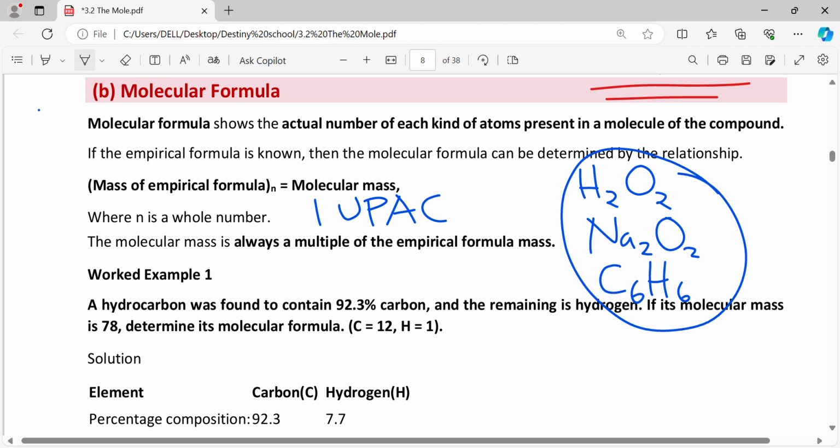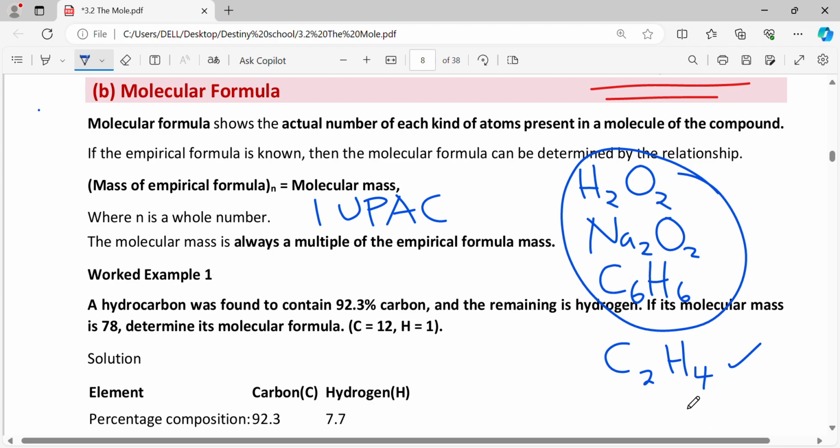So these things are examples of molecular formulas. Molecular formulas are what you find when you leave your answer with the actual number of atoms, without dividing, because in the empirical formula you simplify them to the later stages, but in the molecular formula you don't.